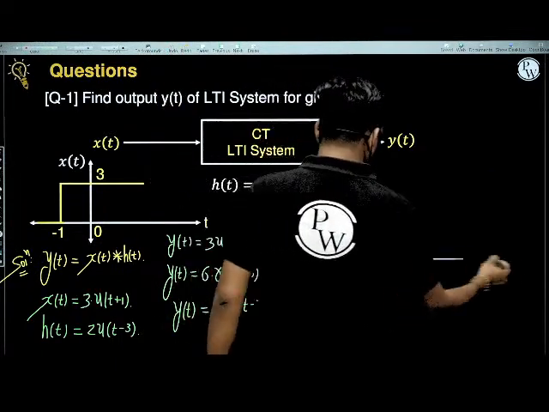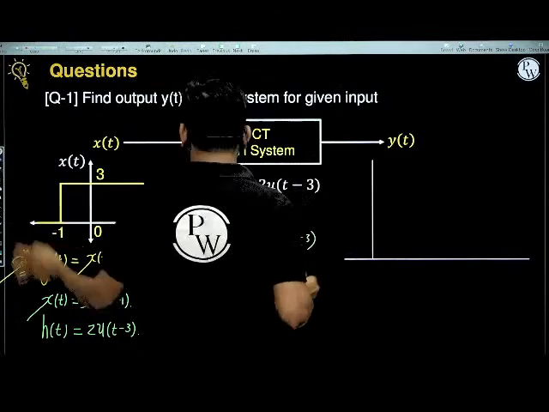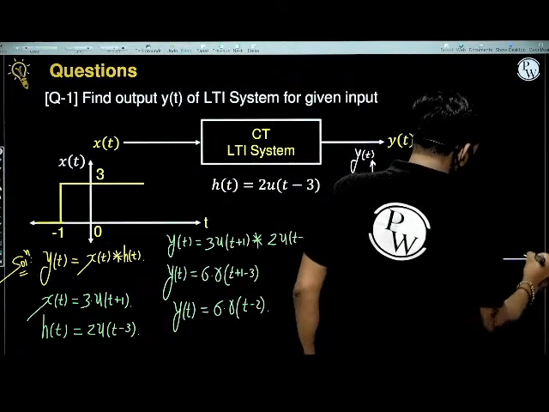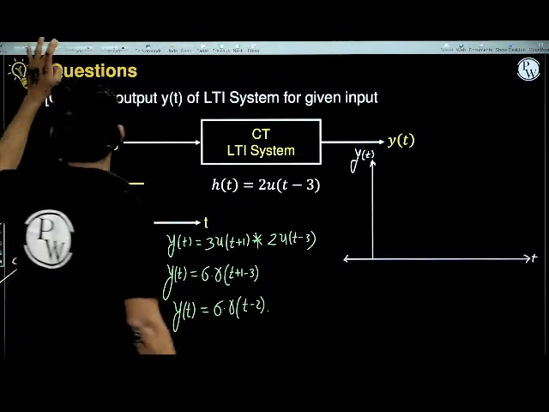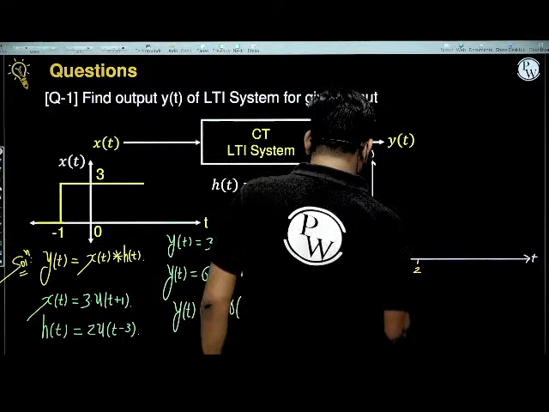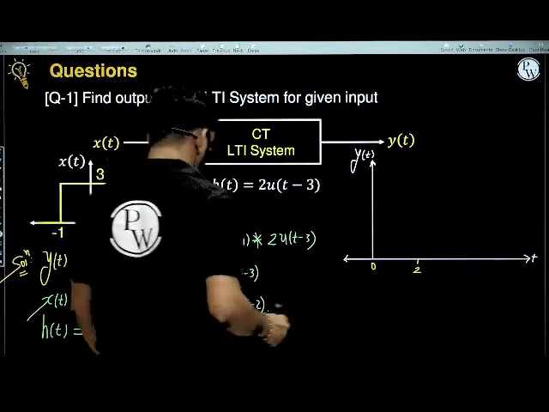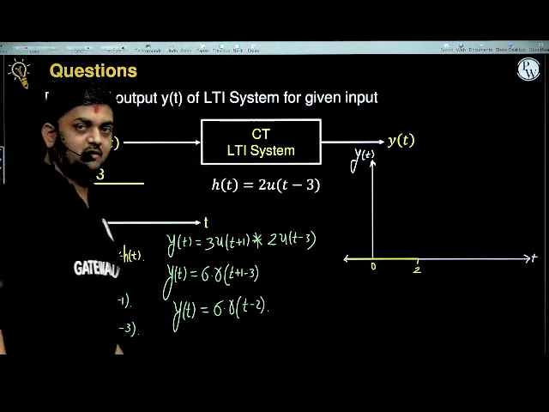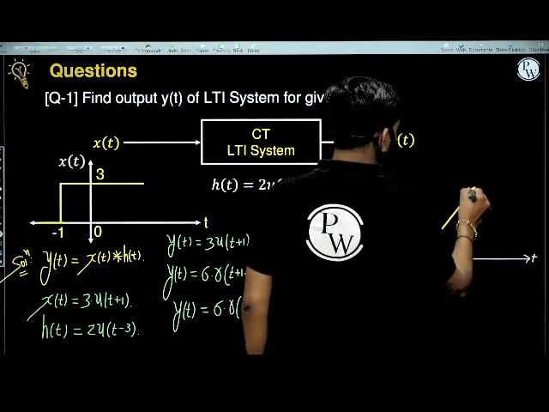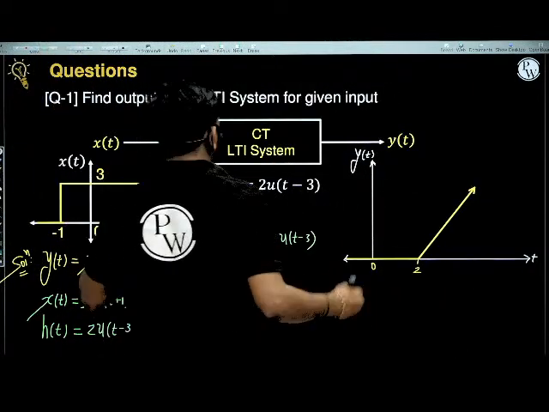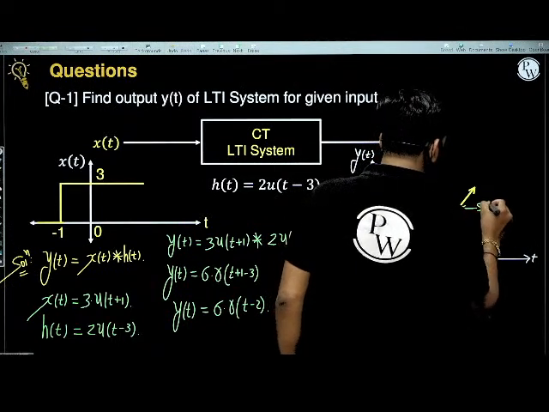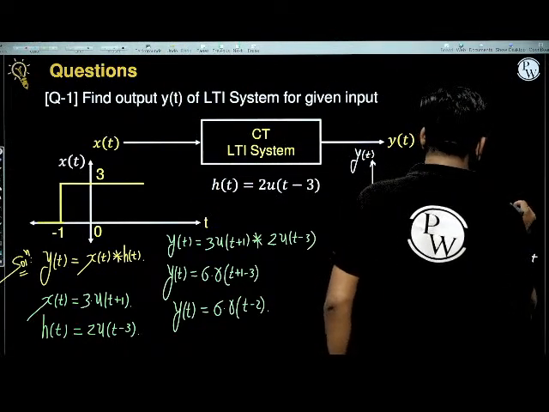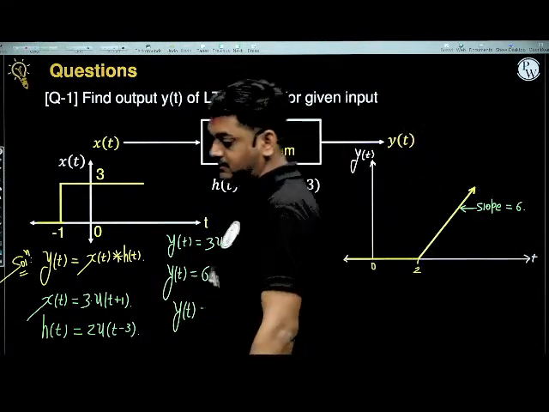So it is a ramp function starting from 2 going towards the right side, with slope plus 6, that is increasing, guys, like this. Correct?